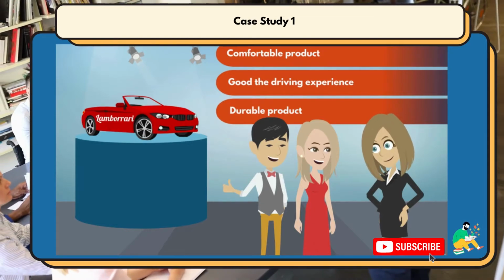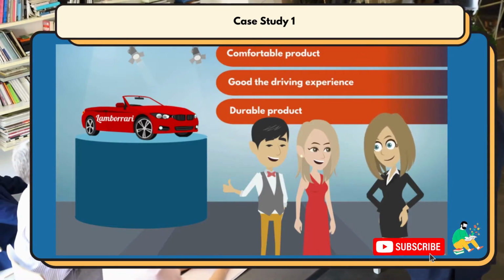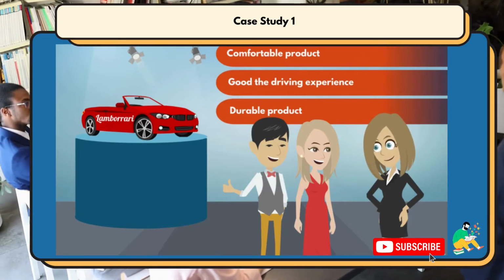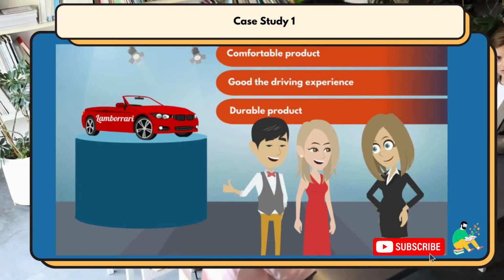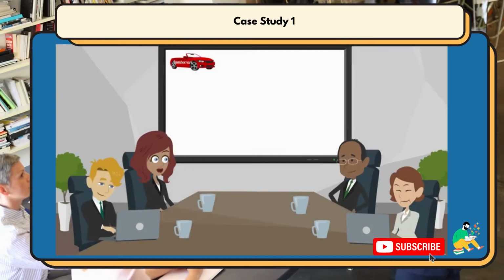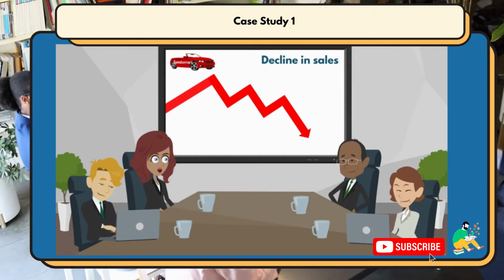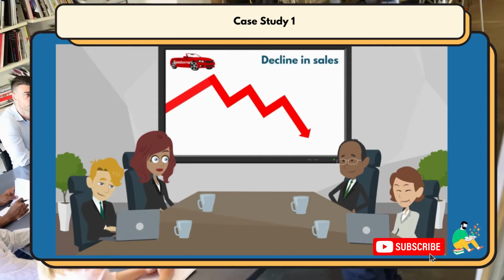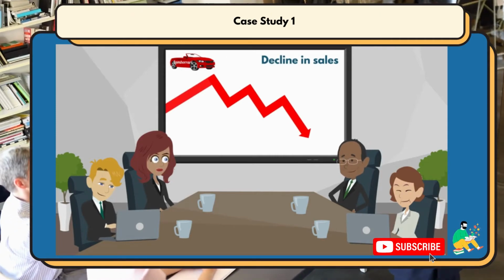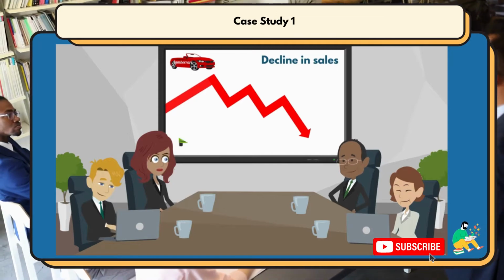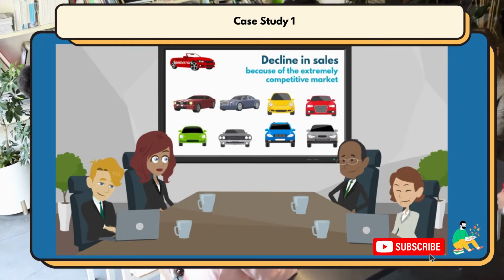Of course, as anything in business, there is a trade-off. The cars are expensive. In recent years, Lamborghini has observed a decline in their sales. Considering the great customer satisfaction, the main reason is the extremely competitive market and entrance of new players.